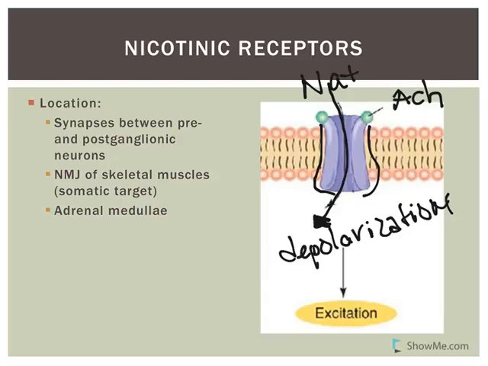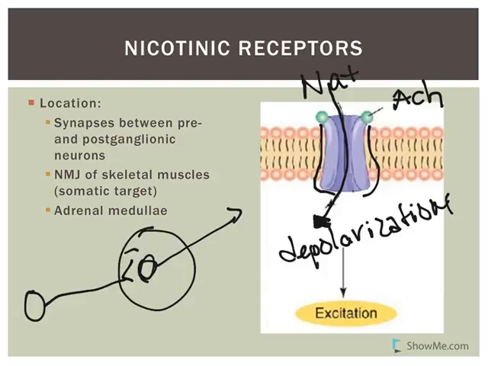Places that you'll find nicotinic receptors are always at that pre- and postganglionic neuron synapse. So here's your preganglionic neuron, here's my ganglion, postganglionic neuron. This is a location where we're going to have the nicotinic receptors.